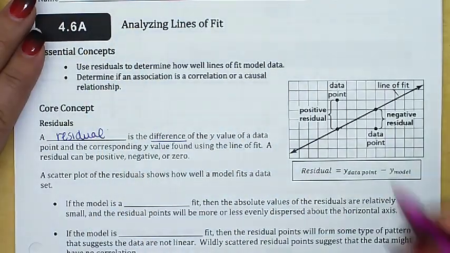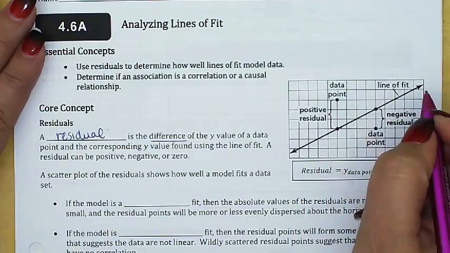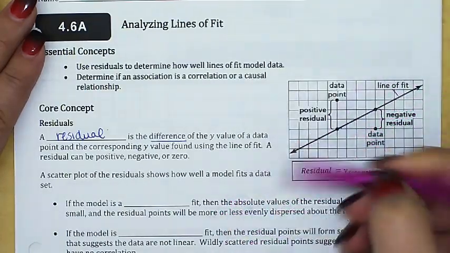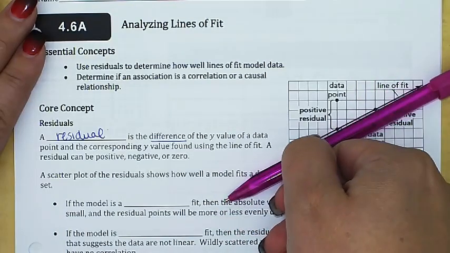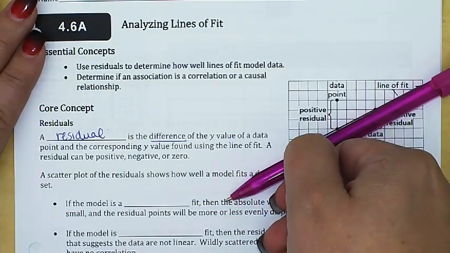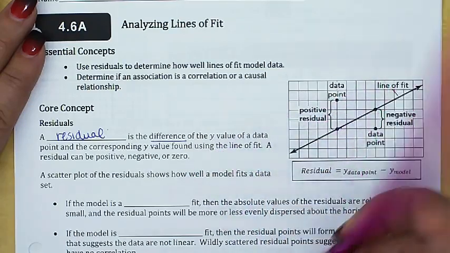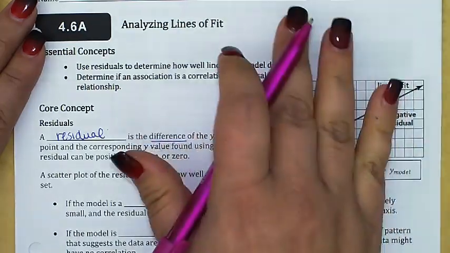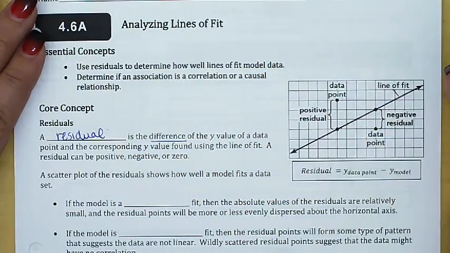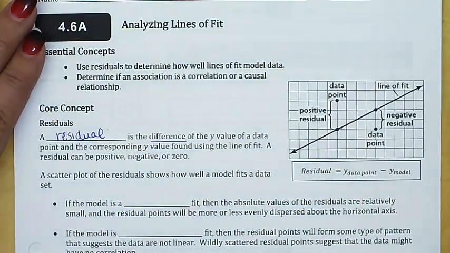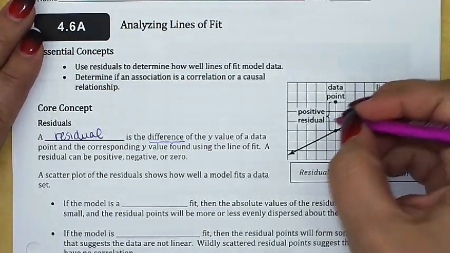Yesterday we agreed we were not going to be connecting dots, right? When we make a trend line, we're not trying to touch every point, and probably we won't be able to. We will make a line that gets as close as possible to as many points as possible, and hopefully has a fairly even number of points above and below the line. But it is very likely that a lot of points are not going to touch the actual line of fit or trend line.